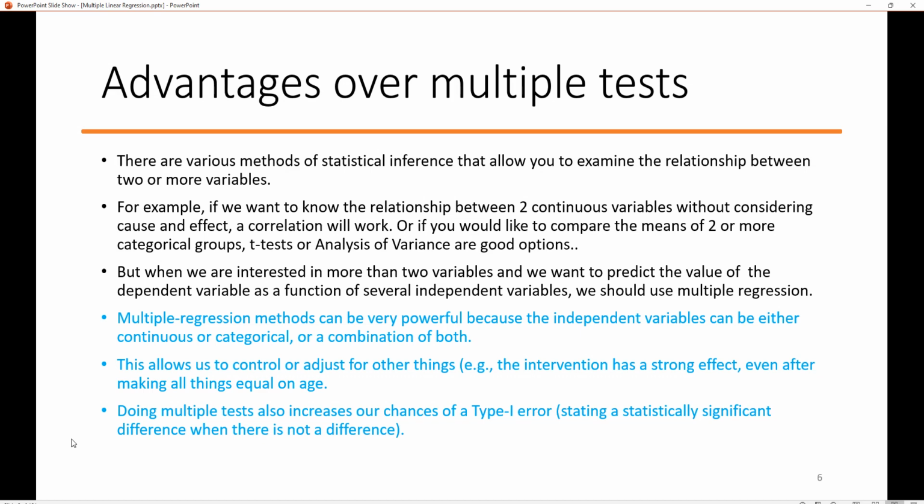And to go back to the idea of doing multiple tests and why we look at a regression that can handle a lot of different questions all at once, we're going to cover advantages over multiple tests. I'll just go to the bottom half, and we see that multiple regression methods can be very powerful because the independent variables can be either continuous or categorical or a combination of both.